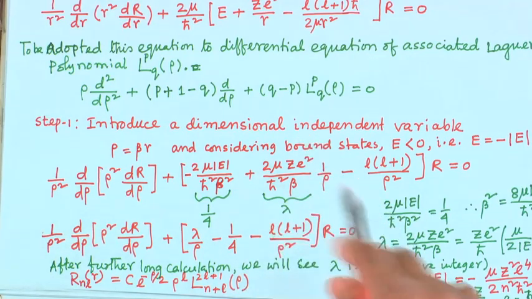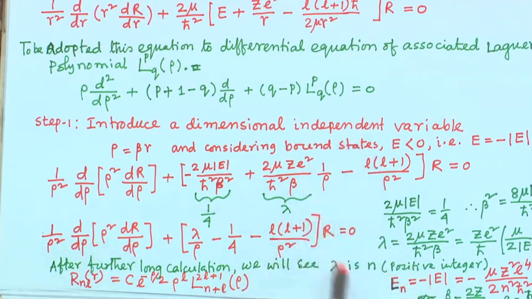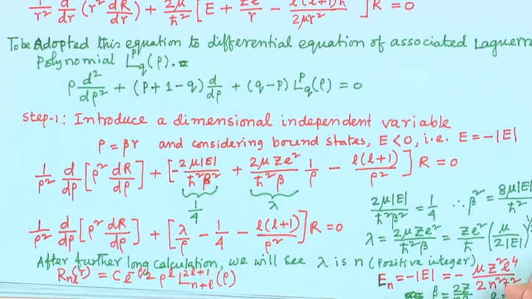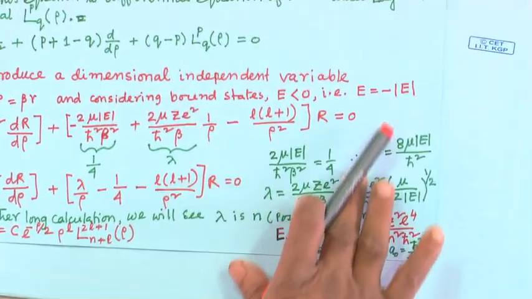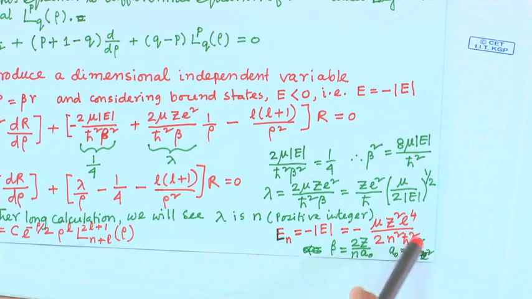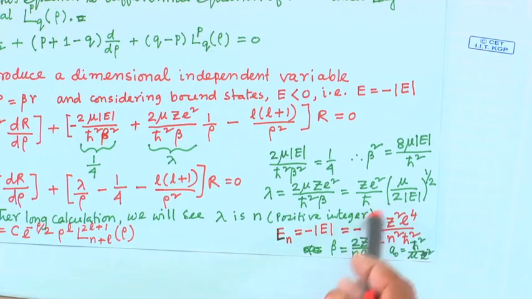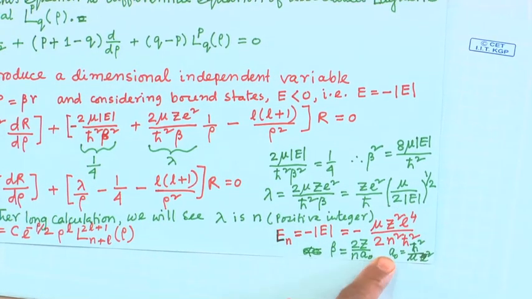During this solution, we got the energy expression E_n, that is minus mu z square e to the 4 by 2 n square h cross square, which is exactly the same as the energy we achieved from the Bohr model.